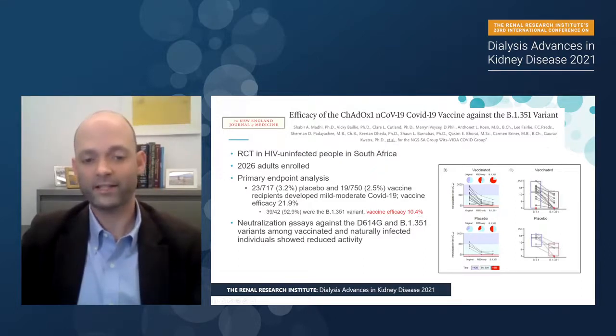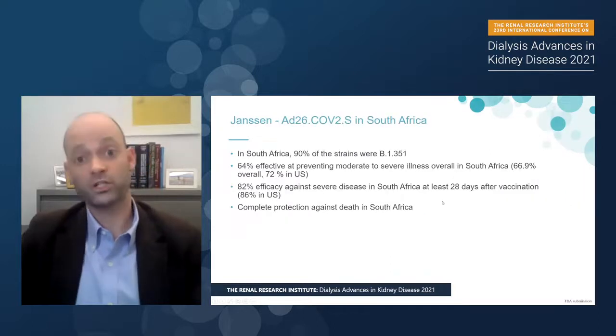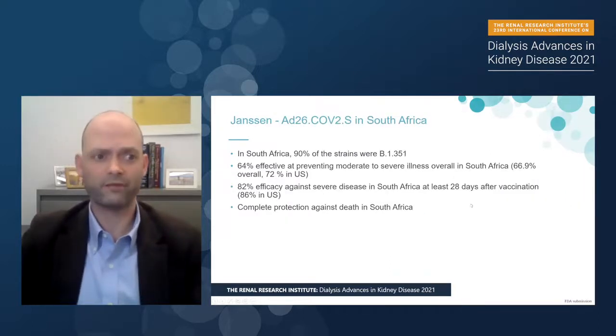And in fact, when they looked at in vitro neutralization assays, you could see a marked difference between the original virus and the mutated South African variant, and really poor outcomes there. The Johnson & Johnson vaccine also had a trial in South Africa where 90% of the strains were found to be the variant strain.